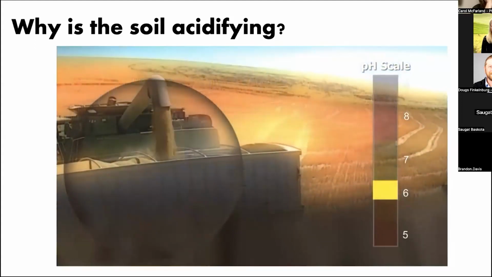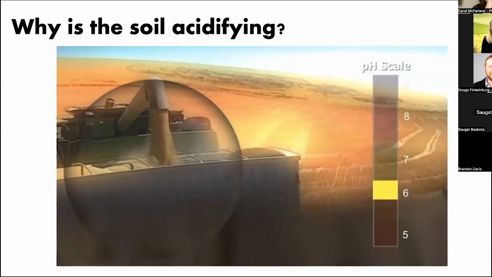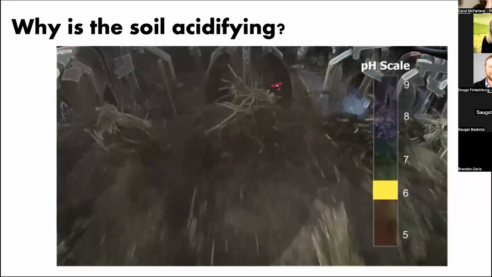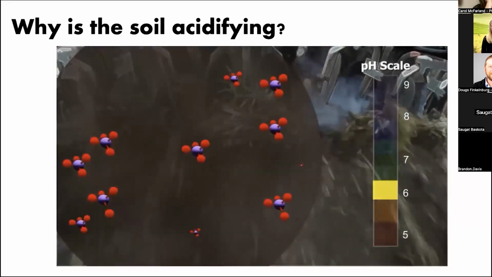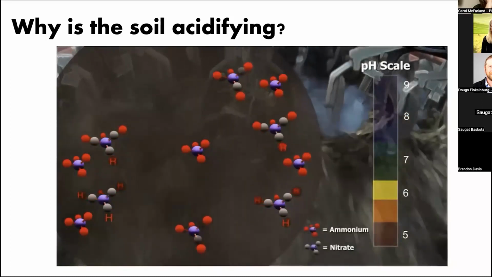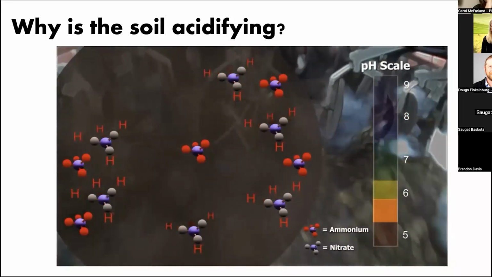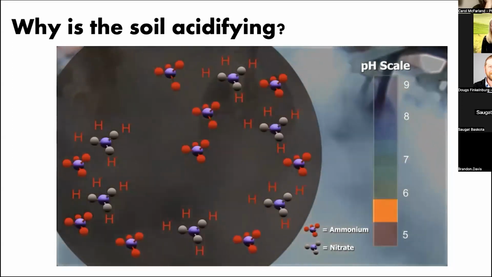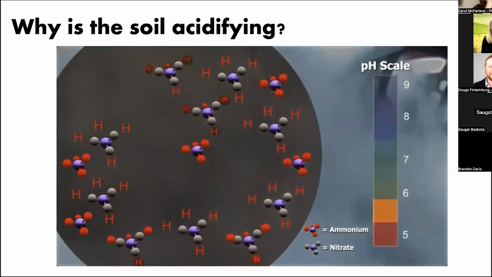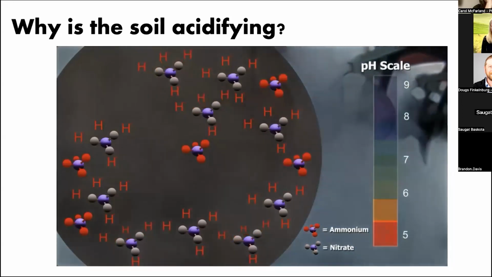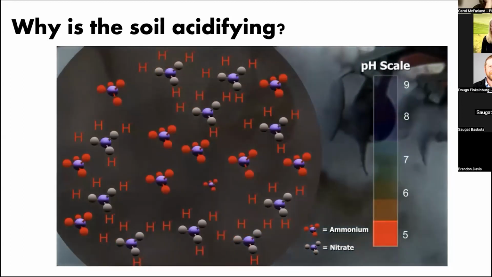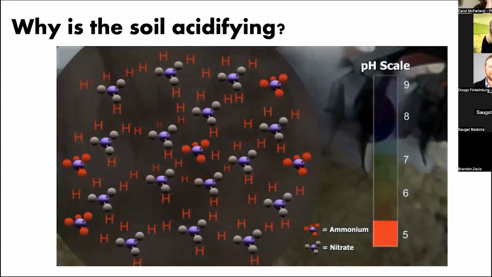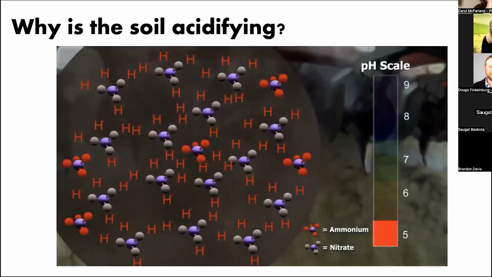Land management decisions also affect the rate of soil acidification. In agriculture, when commonly used ammonium fertilizers are applied, soil microbes convert the ammonium to nitrate, contributing excess hydrogen ions to the soil. Adding high quantities of ammonium fertilizer results in more hydrogen ions. The hydrogen ions accumulate, lowering soil pH and accelerating soil acidification.